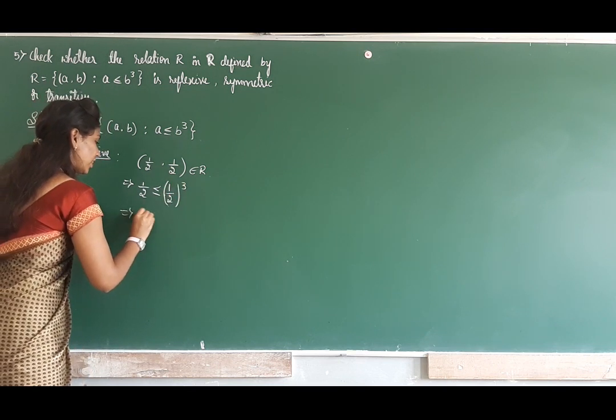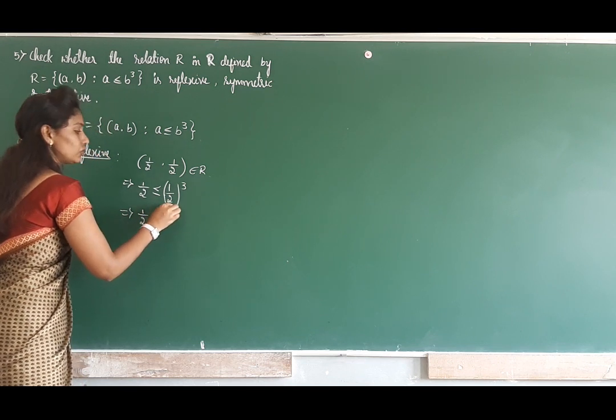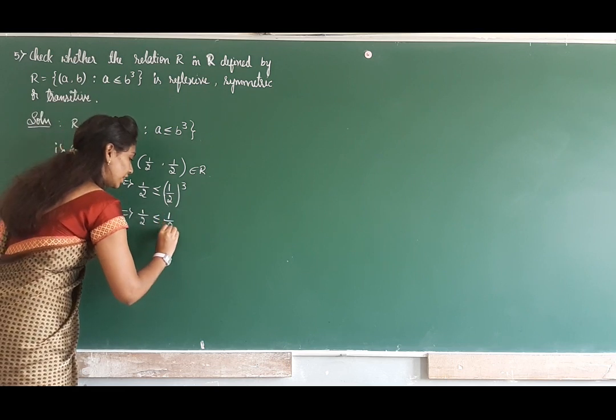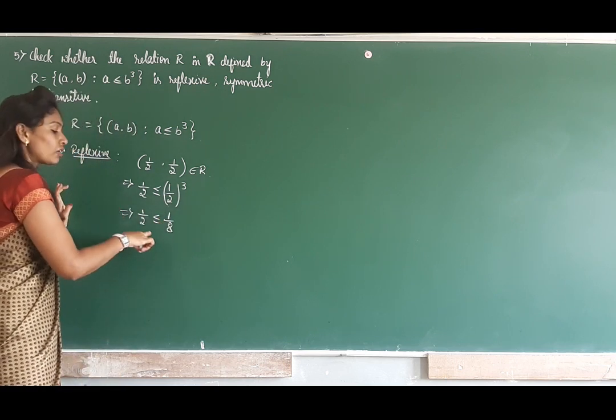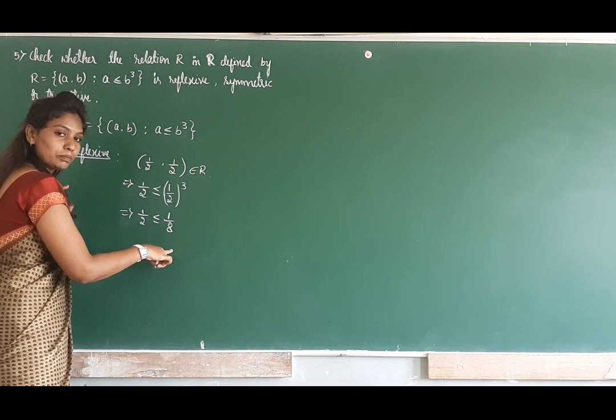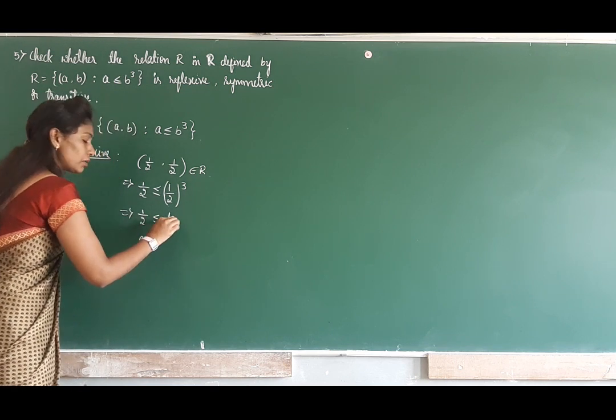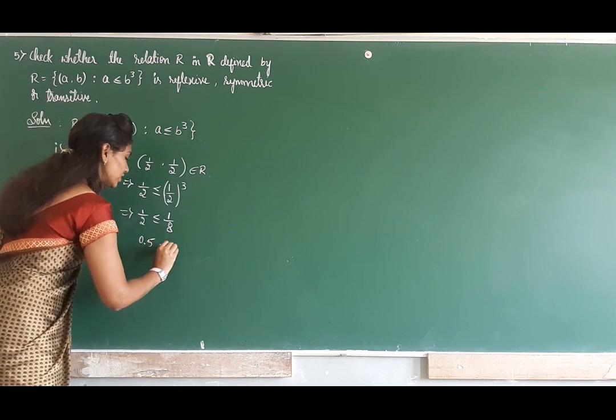This implies 1/2 is less than or equal to (1/2) cubed, which is 1 cubed is 1, 2 cubed is 8, that is 1/8. Is it true? 1/2 is not less than or equal to 1/8, because the value of 1/2 is 0.5 and the value of 1/8 is 0.1 something.